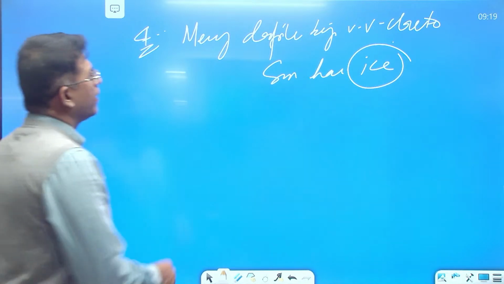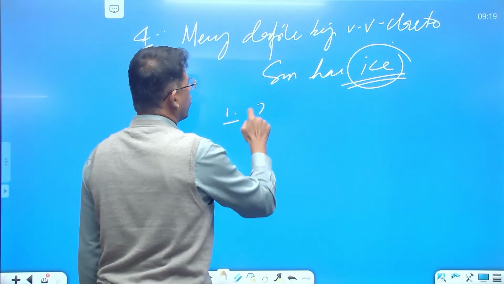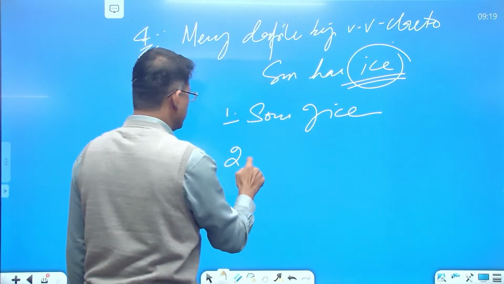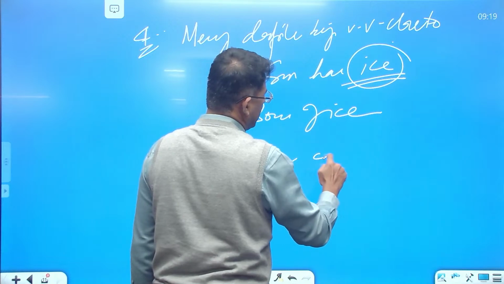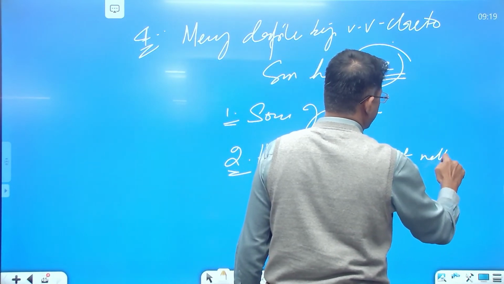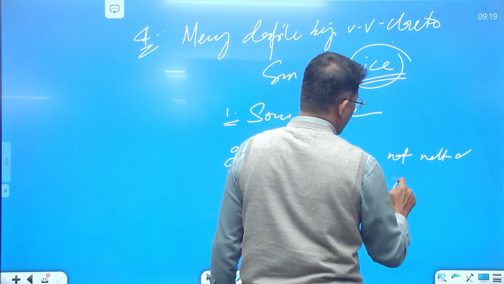Look, with this ice, one question is, what is the source of ice? And number two, how can ice not melt and evaporate?